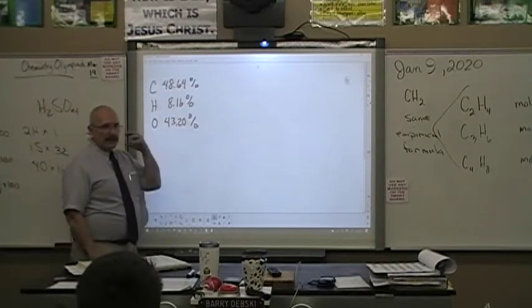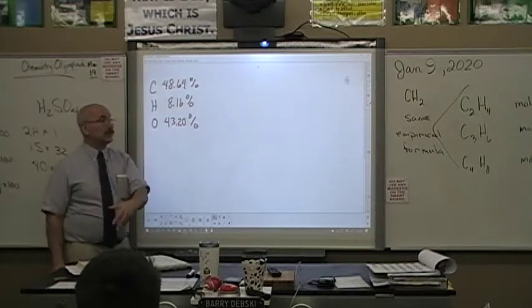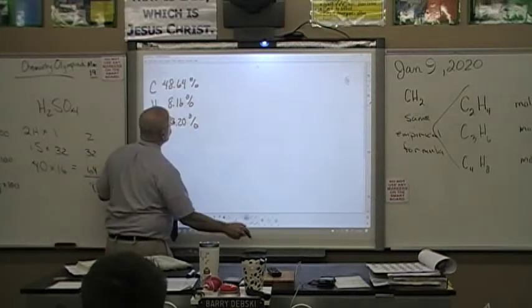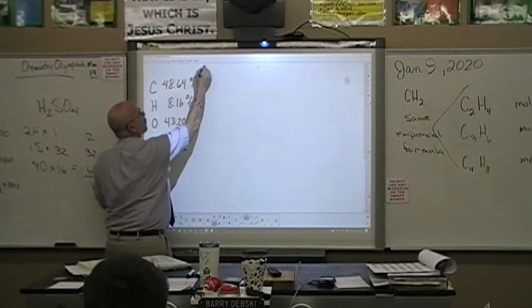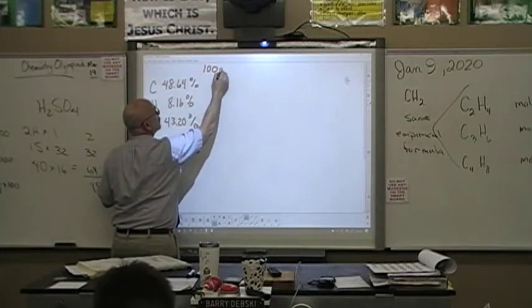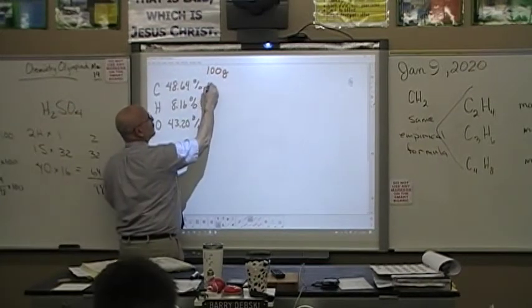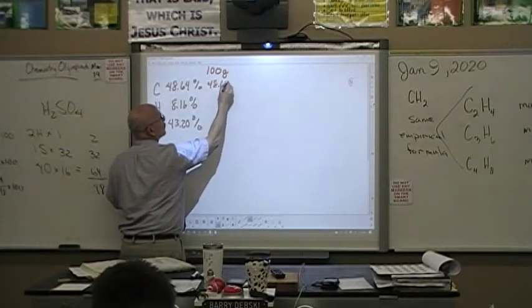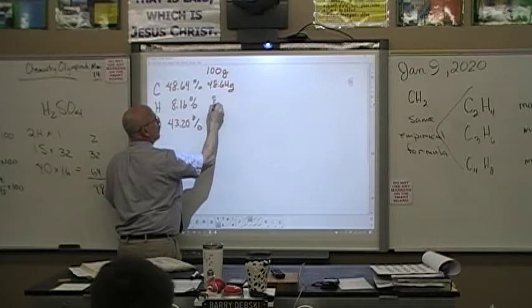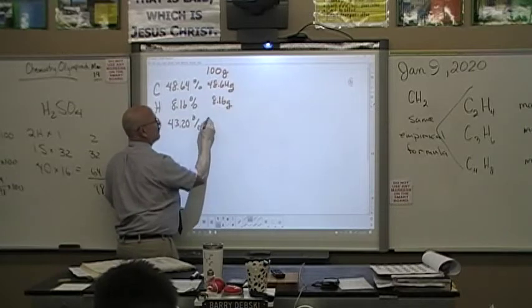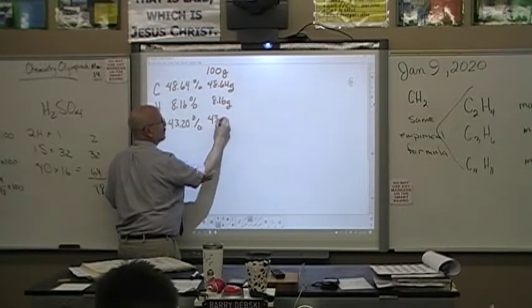So the first thing, and they've given you a clue in the instructions here, so this is a good one, you're going to assume 100 grams. So if I had 100 grams of this methyl acetate, then it would be 48.64 grams of this, 8.16 grams of this, and 43.20 grams of this.